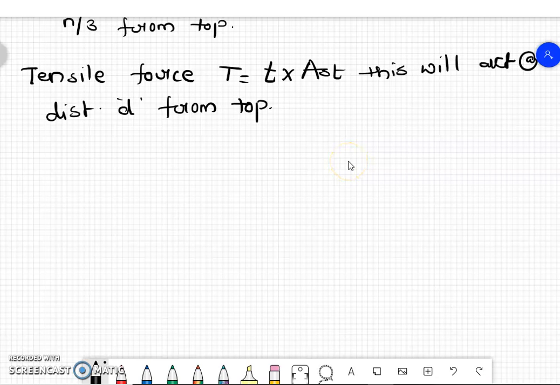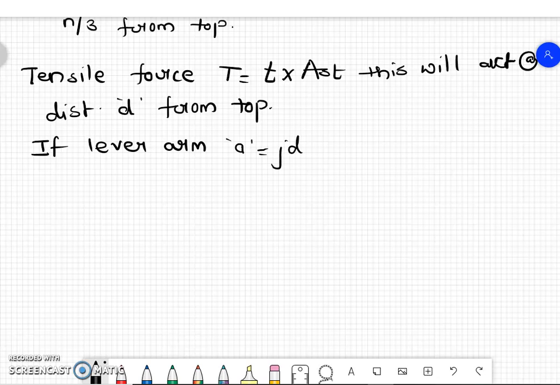Now, we have lever arm, that is the distance between C and T, compressive force and tensile force. Lever arm A is written as J times D. J is some constant which we are going to derive. So this is the distance between the compressive and tensile force.